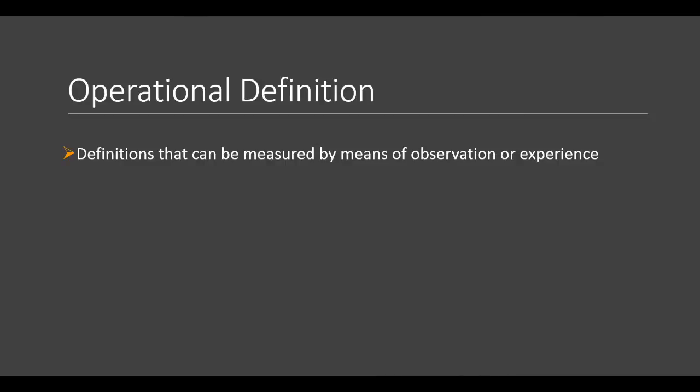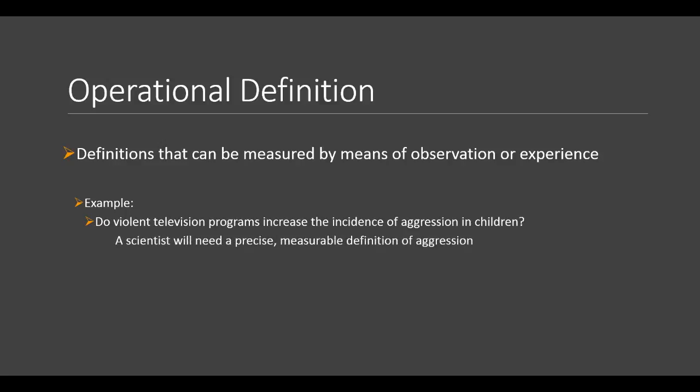Operational definition is a definition that can be measured by means of observation or experience rather than theory. Consider, for example, an argument involving the concept of aggression. Do violent television programs increase the incidence of aggression in children? To do research on this issue, a scientist needs a precise, measurable definition of aggression.